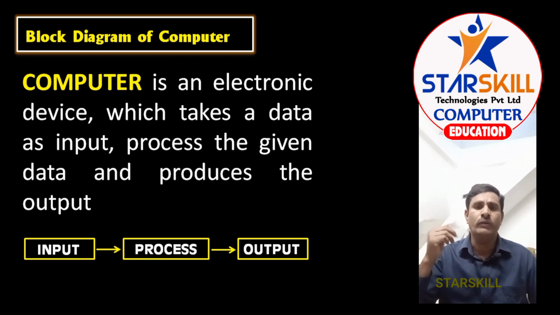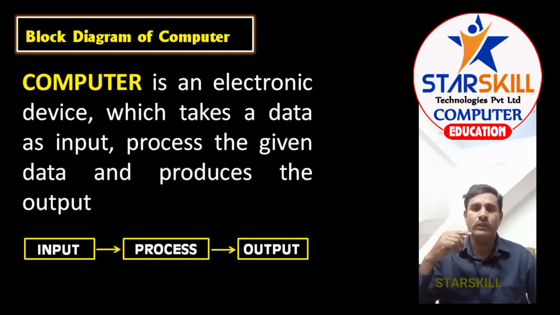Device means the part of the computer actually. To process the given data, we have some components to process it, and finally you get the output. According to the output type, we use the output devices: input devices, processing unit, and output devices.